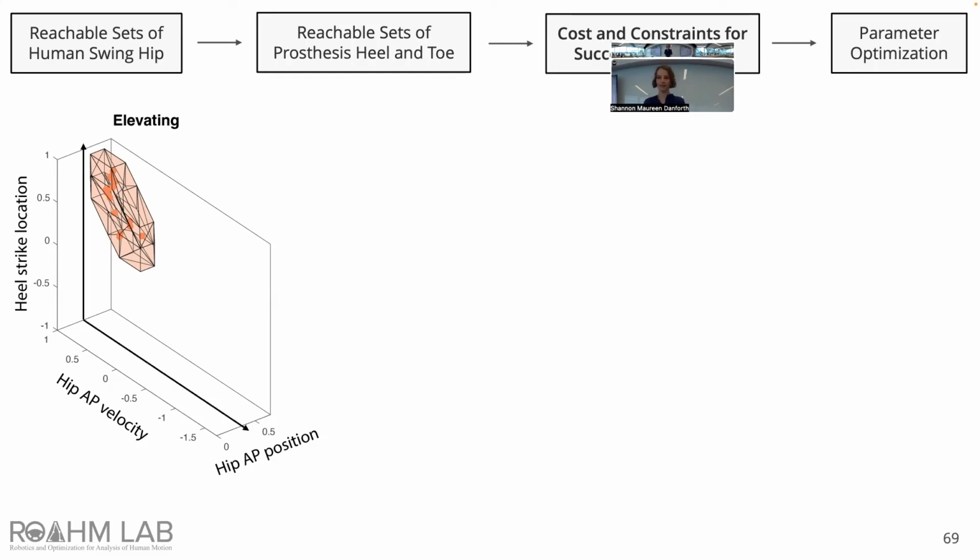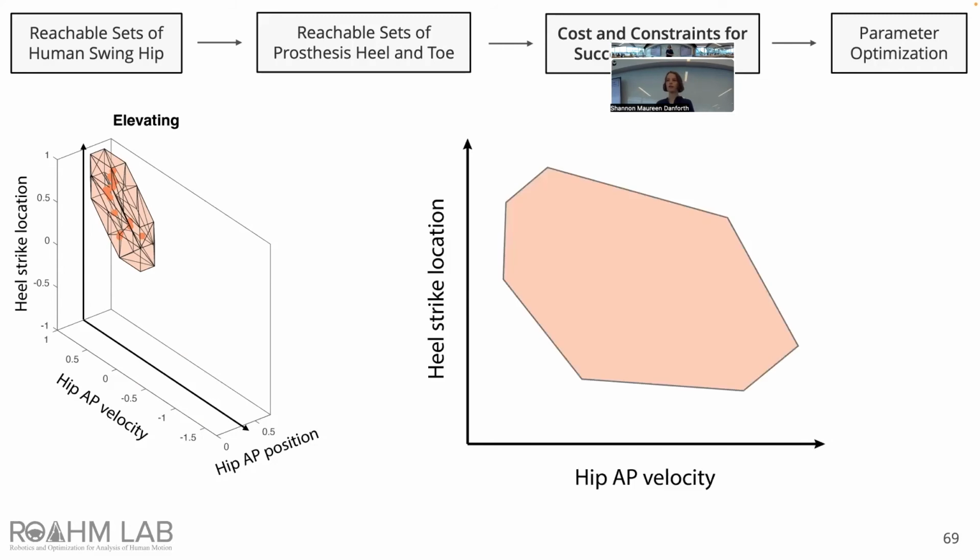So if we look at a cross section of this set corresponding to a particular anterior posterior hip motion, we get a 2D set of hip velocities and heel strike locations that was observed in our trip recovery data. So for a specific hip velocity, we get a range of possible heel strike locations. And we use this green interval here as a target set to define the range of desired heel strike locations corresponding to a specific hip velocity and position.